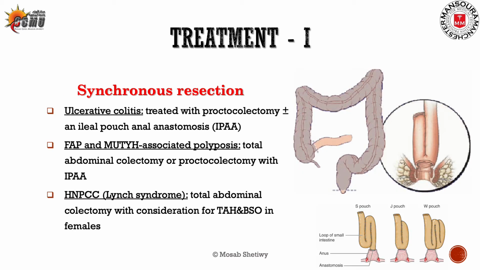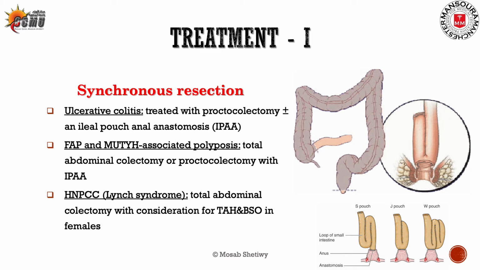The extent of resection is also influenced by the underlying diseases, because colorectal carcinoma not only arises on top of adenomatous polyps, but also on top of inflammatory bowel diseases like ulcerative colitis.